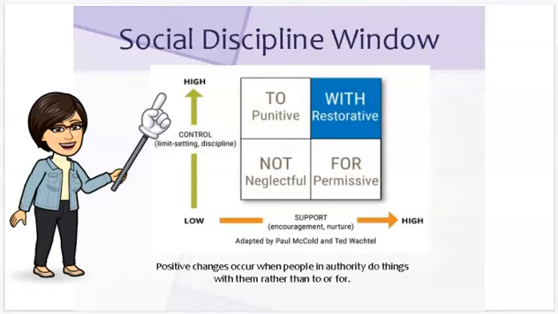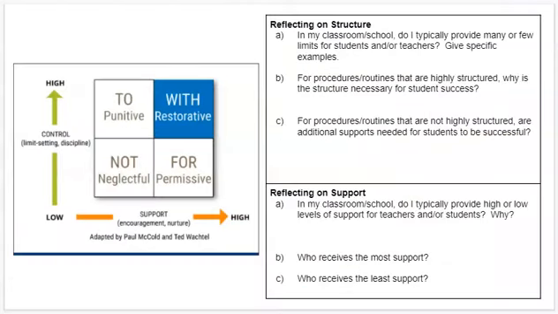But I want to go just a little bit deeper. I want to talk about what this looks like maybe in your classroom. This is an opportunity for you to reflect on the structures that you have in place. In your classroom, in the school, in the system, do you typically provide many or few limits for students and or teachers?